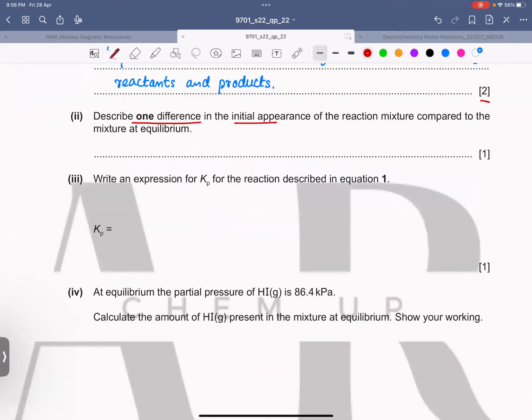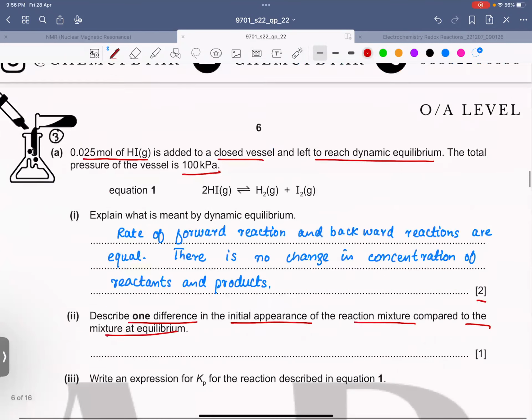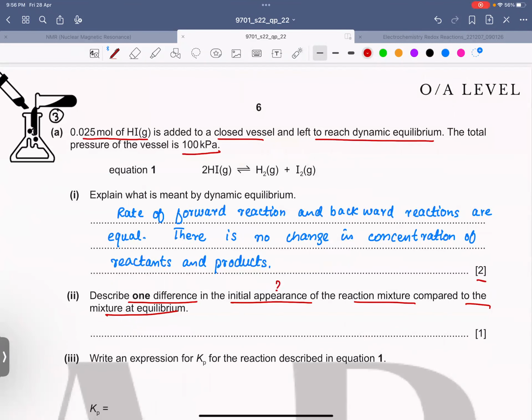Describe one difference in the initial appearance of the reaction mixture compared to the mixture at equilibrium. What would be the initial appearance and what would be the appearance at equilibrium? In the products, we are getting iodine as a gas. What is the color of the vapors of iodine?